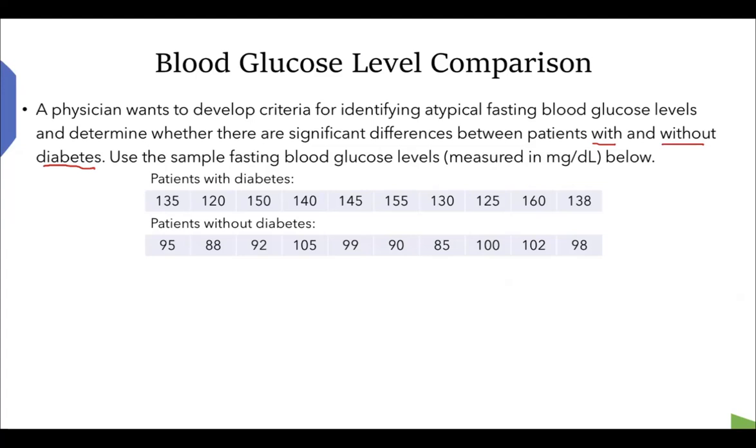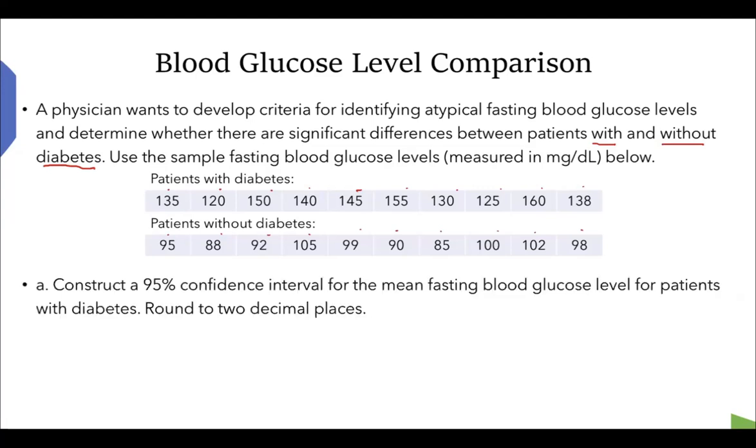So we have a sample of size 10 patients with diabetes, we have their fasting blood glucose levels, and without diabetes, 10 patients, we have their fasting blood glucose levels.